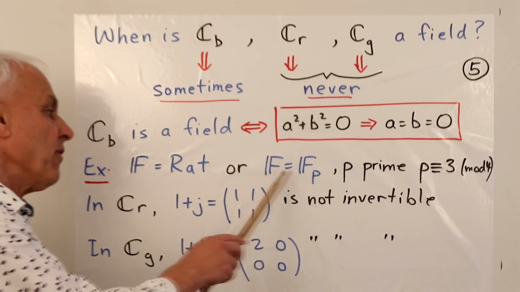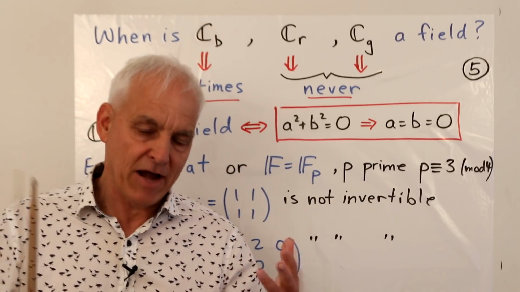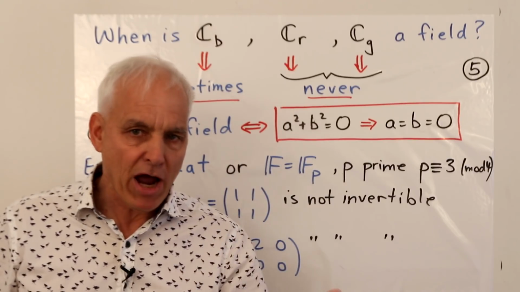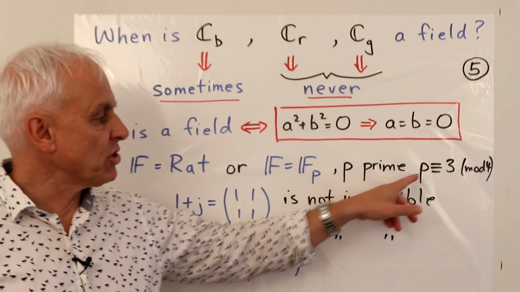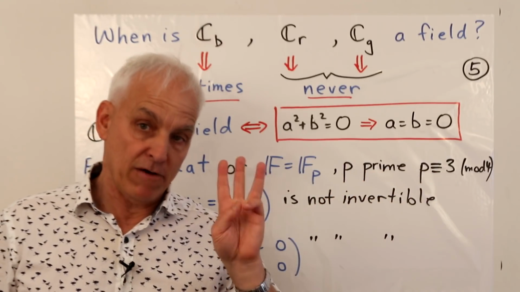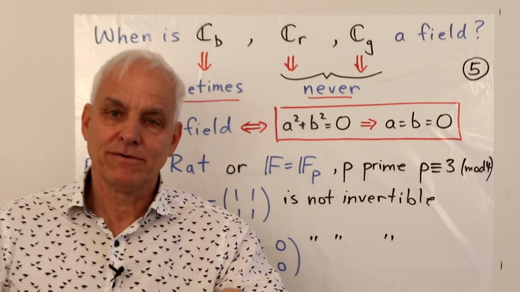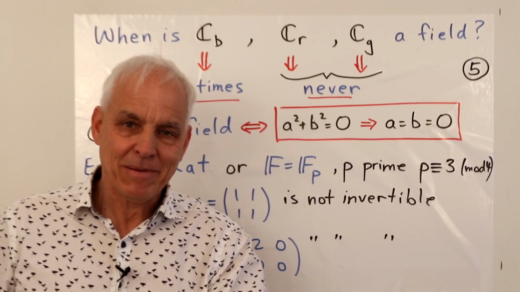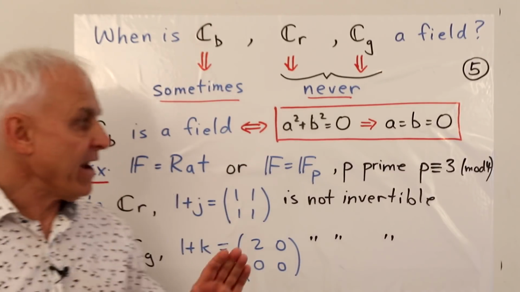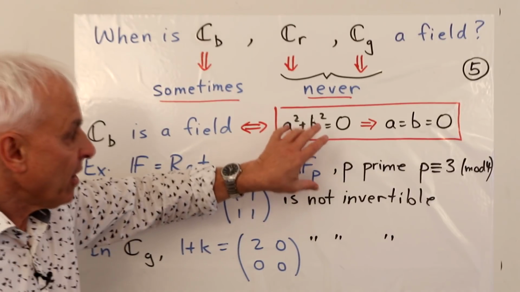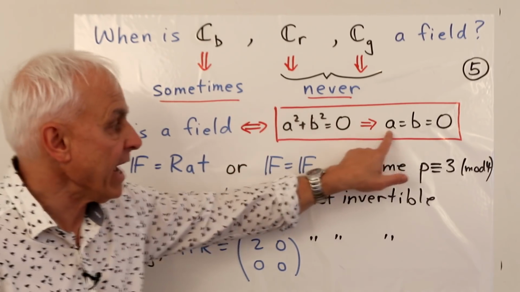And it will also, in fact, work for a finite prime field. So finite field indexed by primes. P is a prime. So it turns out that if P is a prime which is congruent to 3 mod 4, like 7 or 11, or 19, but not like 5 or 13, then it's the case that this is true, that a squared plus b squared equals 0 implies a equals b equals 0.